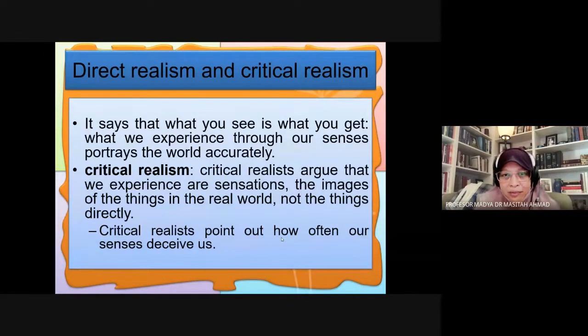When she looks into this matter based on her reading about blockchain, that is also critical realism, and it is also direct realism.